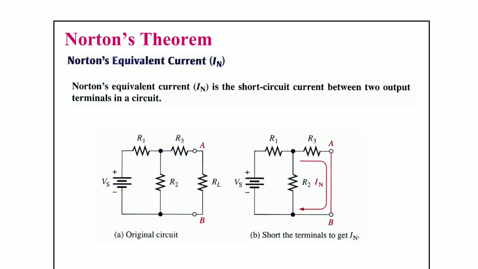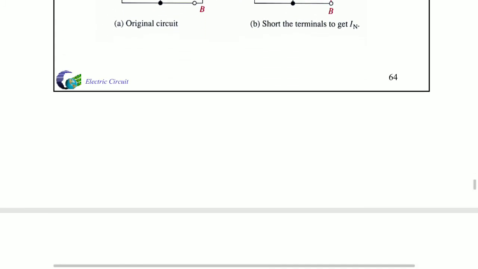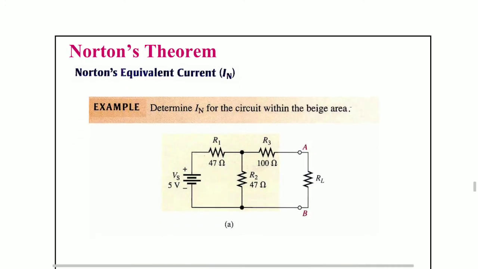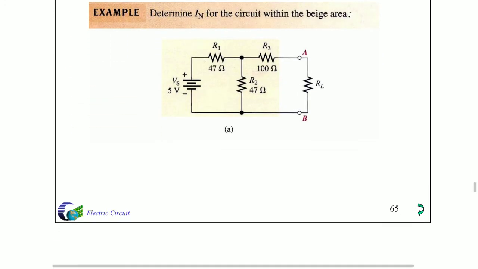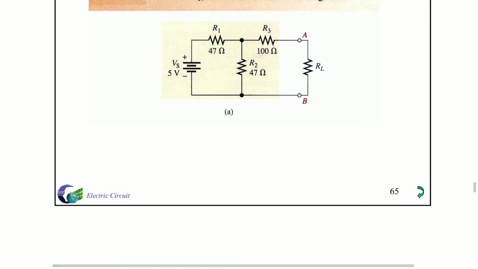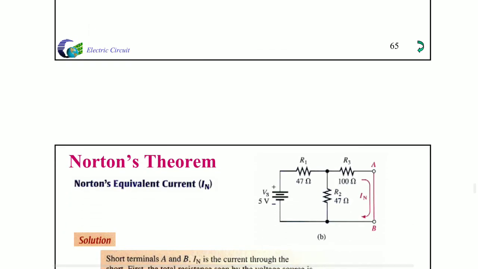In step 1, the A and B terminals are shorted. Then the shorted terminals get the IN current. From this, IN is calculated by the KVL loop.